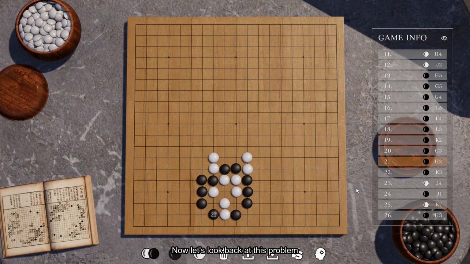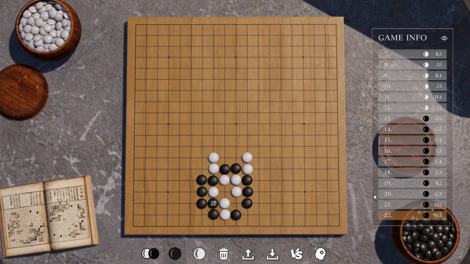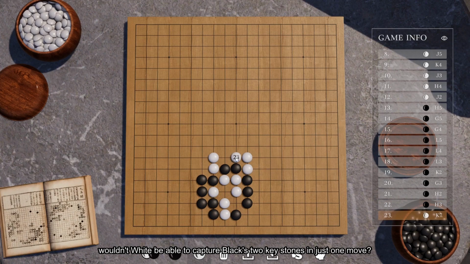Now, let's look back at this problem. If black's first move failed to correctly identify the keystones, and didn't take away the keystone's liberties, suppose we played here instead, wouldn't white be able to capture black's 2 stones in just one move?